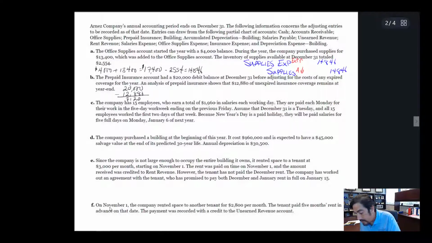So our journal entry is a debit to insurance expense and a credit to prepaid insurance.